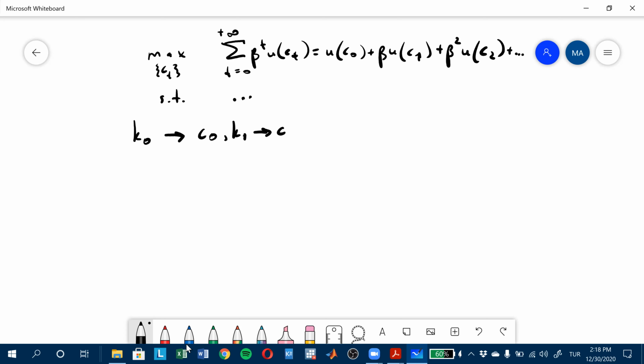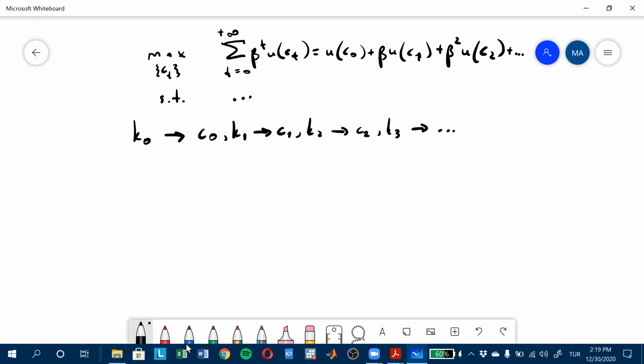And then I choose C1, K2, and then I choose C2, K3, and that goes on. Now, if you imagine this carefully, what I am really doing must be involving solving the problem at the very beginning, at t equals 0, because I want to find a plan and I execute this plan.